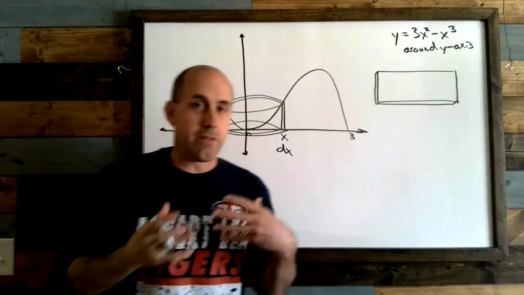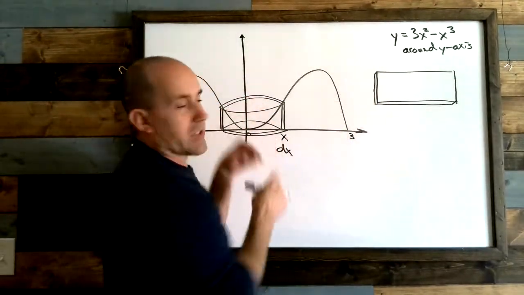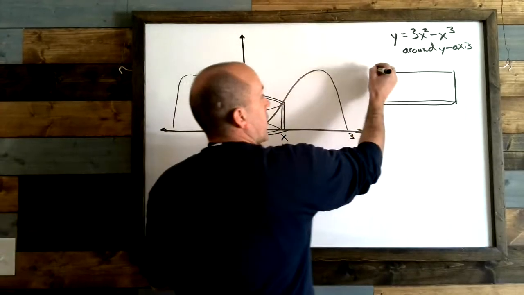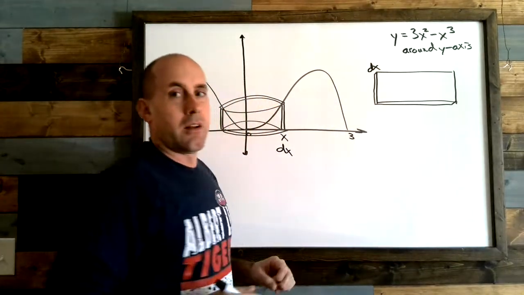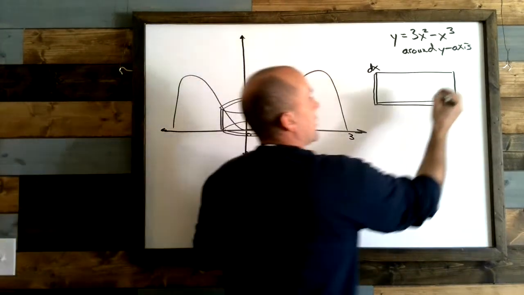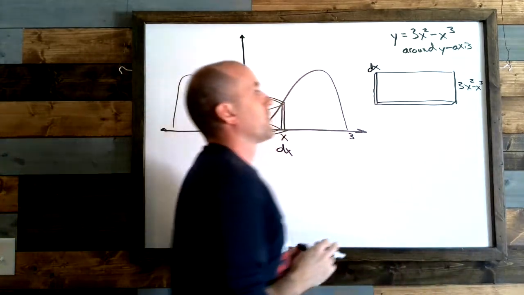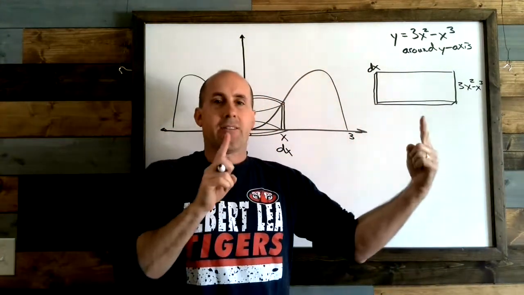We just need to find the volume of that thing, and that's not that difficult. Notice that it's a rectangle with width dx. It has a certain height. What's the height? The function, 3x squared minus x cubed. And then we just need that length.